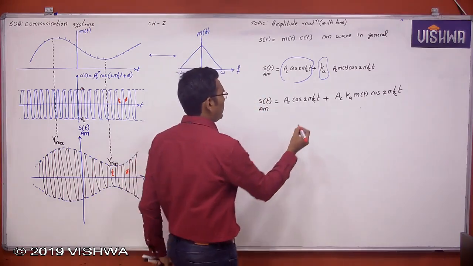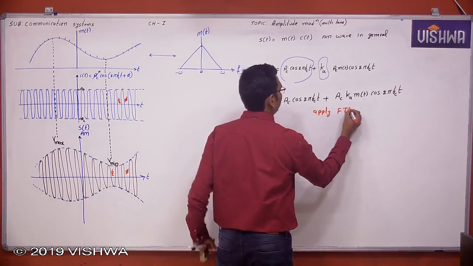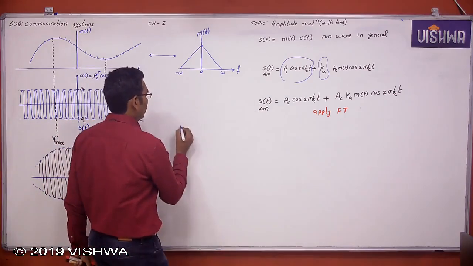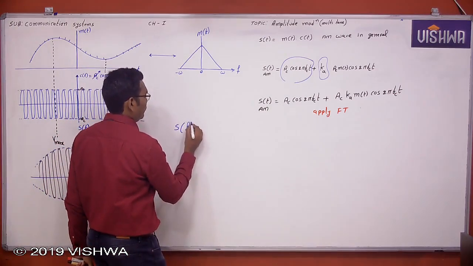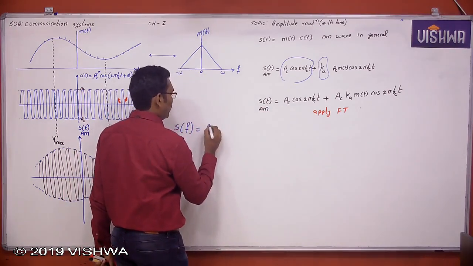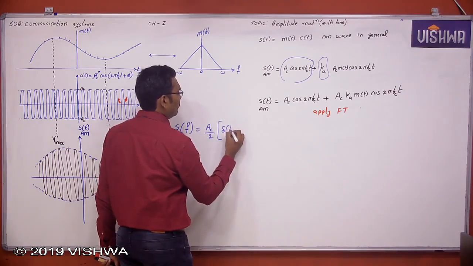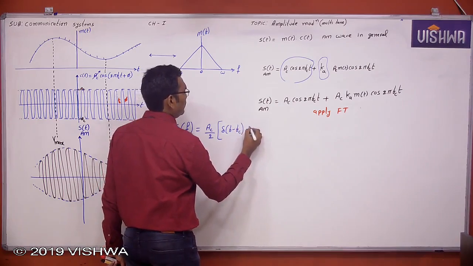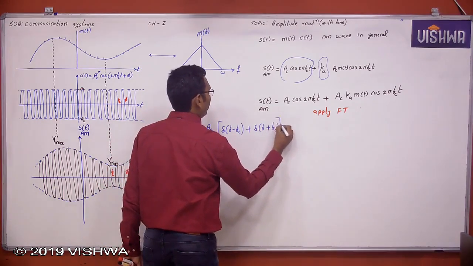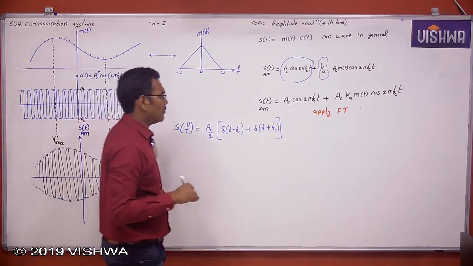Therefore, apply the Fourier transform. If you apply the Fourier transform, S of t's Fourier transform, S of f, is equal to Ac, a DC signal's Fourier transform, Ac by 2 into delta of f minus fc plus delta of f plus fc. Only one property is used in the communication system almost: the frequency shifting property.